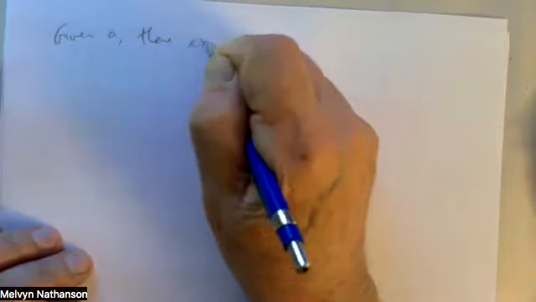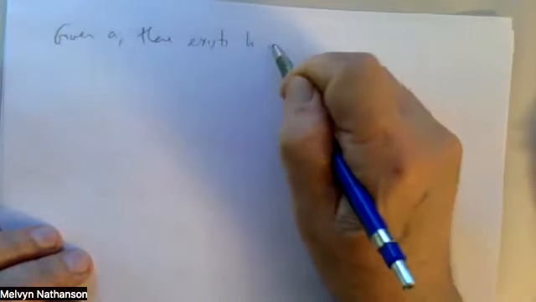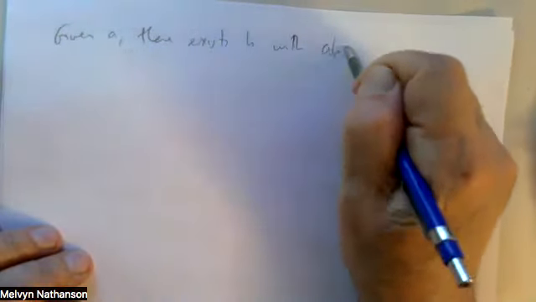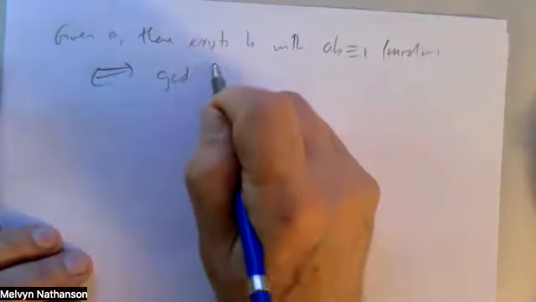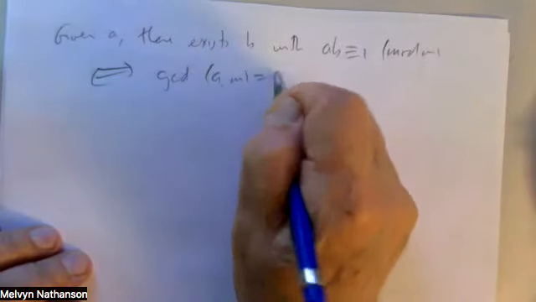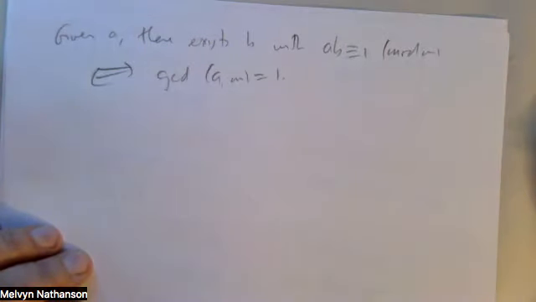Now recall we proved that given A, there exists B with AB congruent to 1 mod M, if and only if the greatest common divisor of A and M is 1.